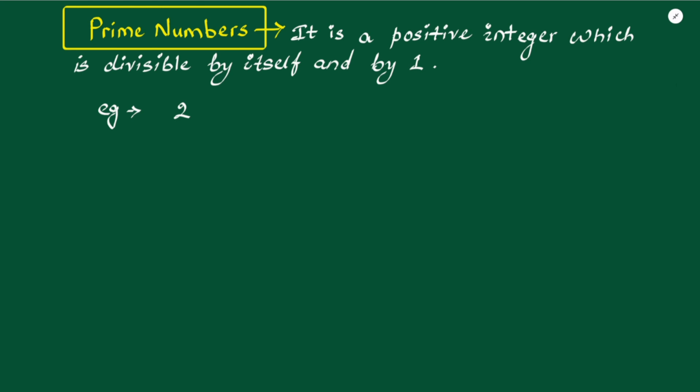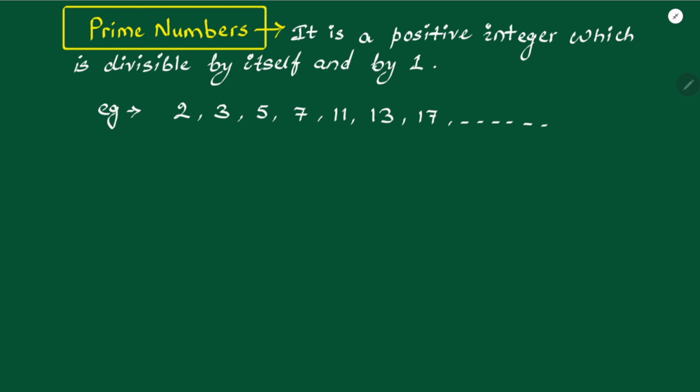There is no other number which can divide 2 completely. In the same way, 3, 5, 7, 11, 13, and 17. So the list goes on. All these numbers are prime numbers.